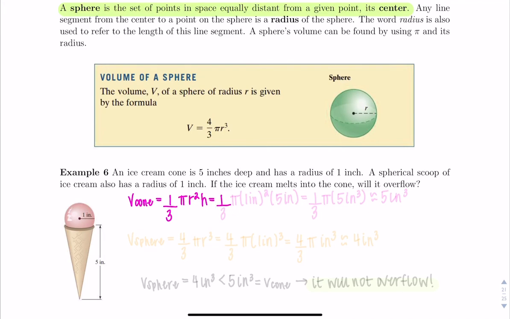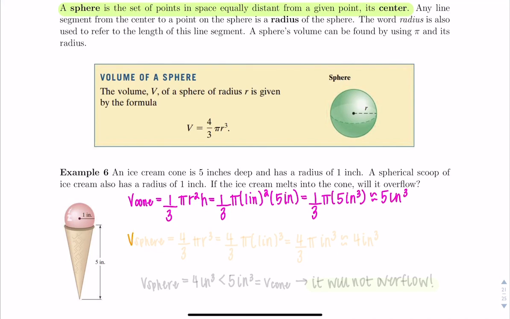Well, our r is 1 inch, and our height is 5 inches. But this just gives us 1/3 pi times 5 cubic inches. And so let's round to the nearest whole number. It gives us about 5 cubic inches.